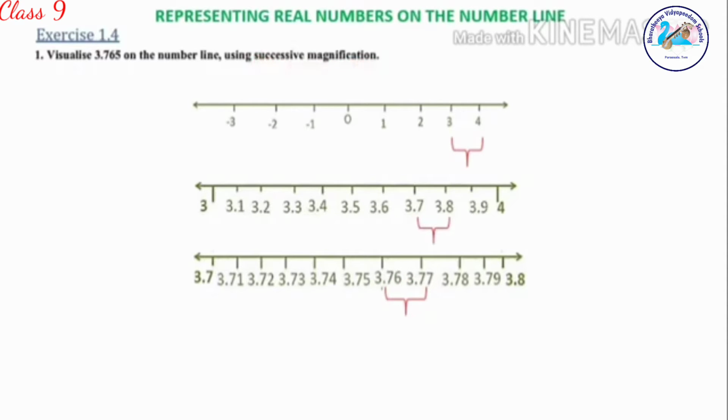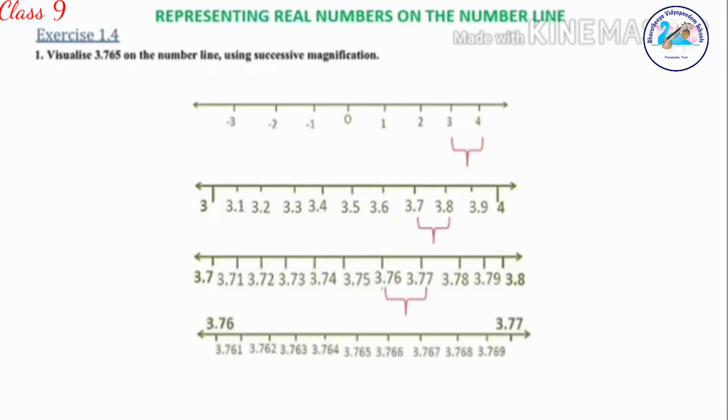So in successive magnification, in the next step, we have to represent 3.76 and 3.77 on the number line, and we have to divide the portion in between 3.76 and 3.77 into 10 equal portions. So we have marked 3.76 and 3.77 and we have divided 10 equal portions in between these two numbers: 1, 2, 3, 4, 5, 6, 7, 8, 9 and 10, and we have started with 3.76.